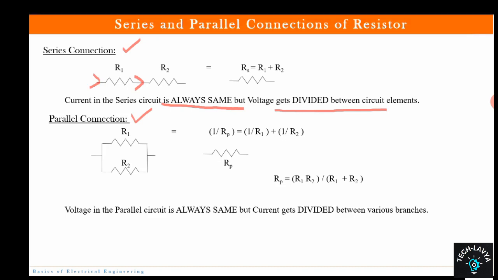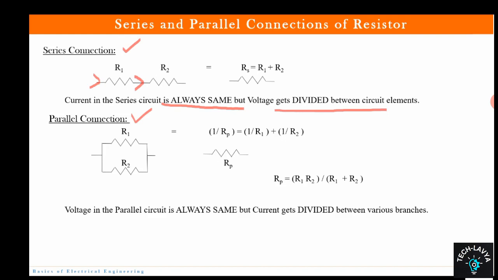Now let us come to parallel connection. How the parallel connection looks has already been explained. Now let us understand the equation for it. In parallel connection, the total resistance is represented as 1 upon Rp is equal to 1 upon R1 plus 1 upon R2.